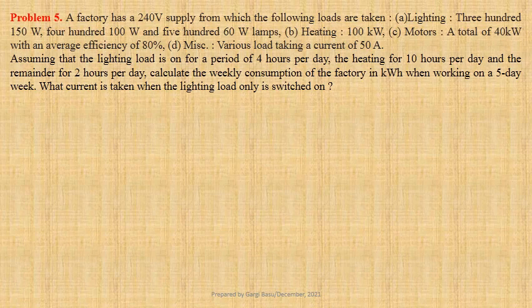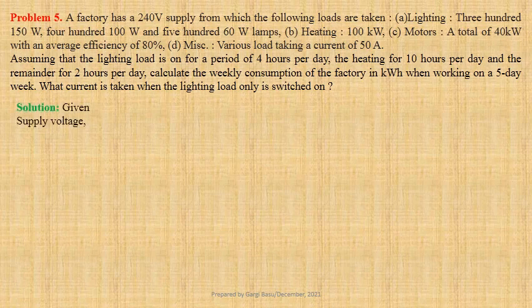Assuming that the lighting load is on for a period of 4 hours per day, the heating for 10 hours per day, and the remainder for 2 hours per day, we have to determine the weekly consumption of the factory in kilowatt hours when working on a 5-day week, and the current taken when only the lighting load is switched on.